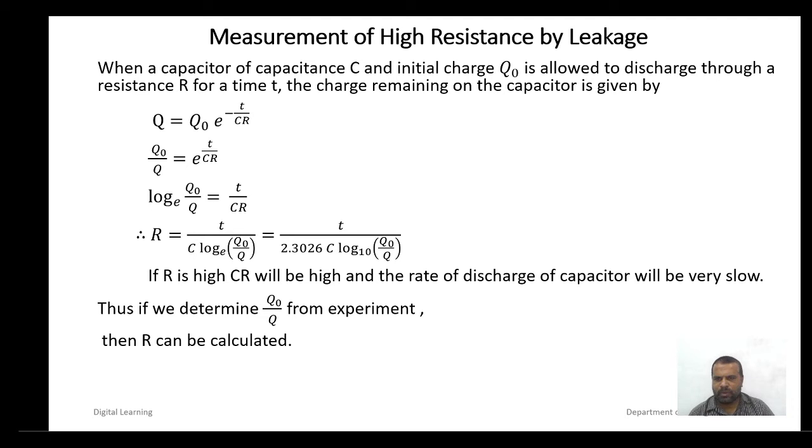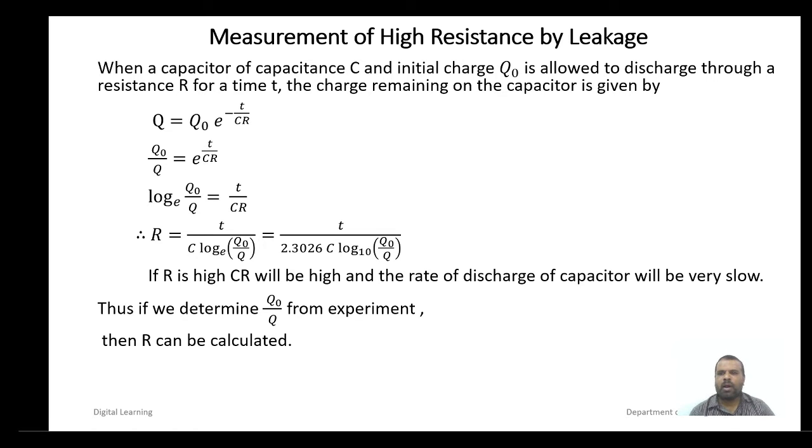Therefore, R is equal to t divided by C into log of Q0 divided by Q to the base e, that is equal to t divided by 2.3026 into C log Q0 divided by Q to the base 10.